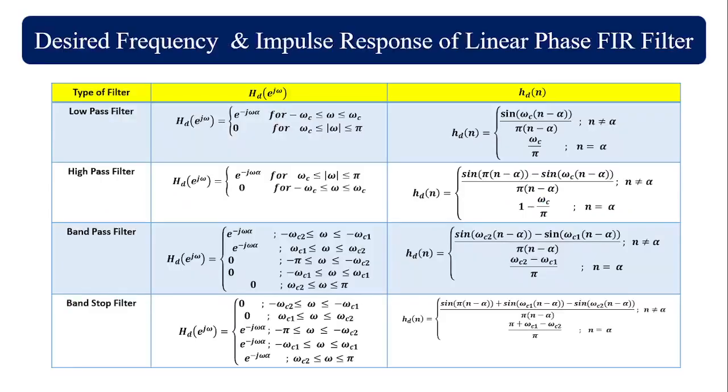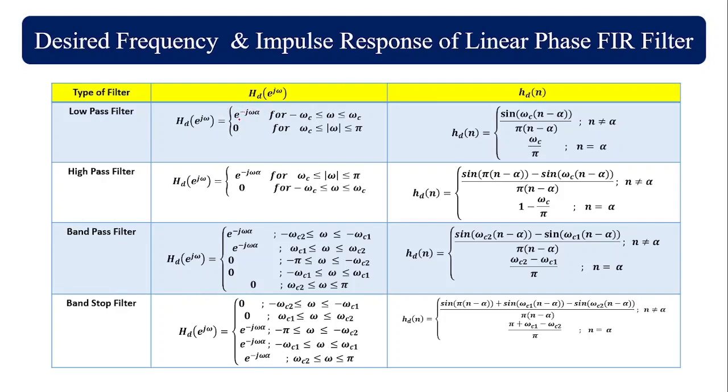So this is the desired frequency and then impulse response of linear phase FIR filter. Here the value will be e power minus j omega alpha. If this value is given, it is said to be your linear phase filter. Suppose instead of this e power minus j omega alpha, the value is 1, it belongs to the ideal phase.